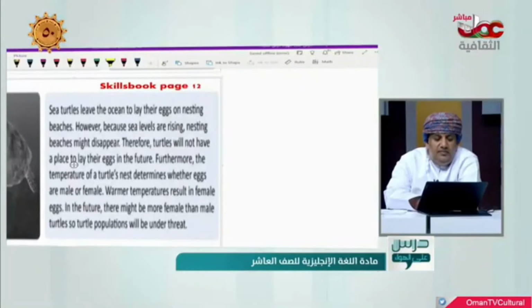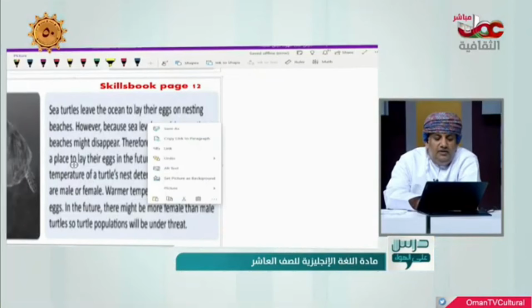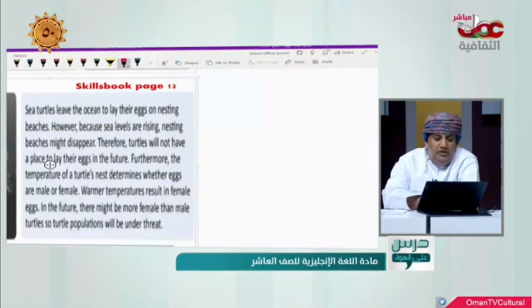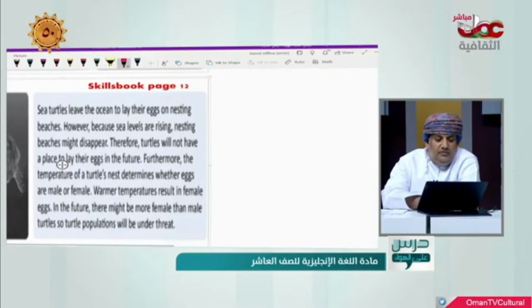Sea turtles leave the ocean to lay their eggs on nesting beaches. However, because sea levels are rising, nesting beaches might disappear. Therefore, turtles will not have a place to lay their eggs in the future.